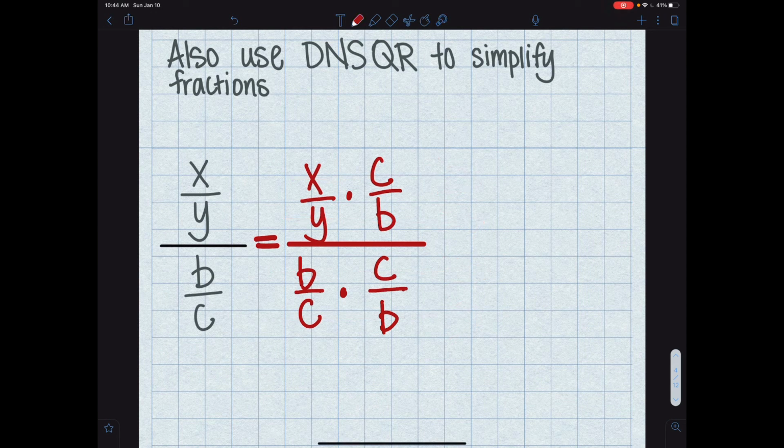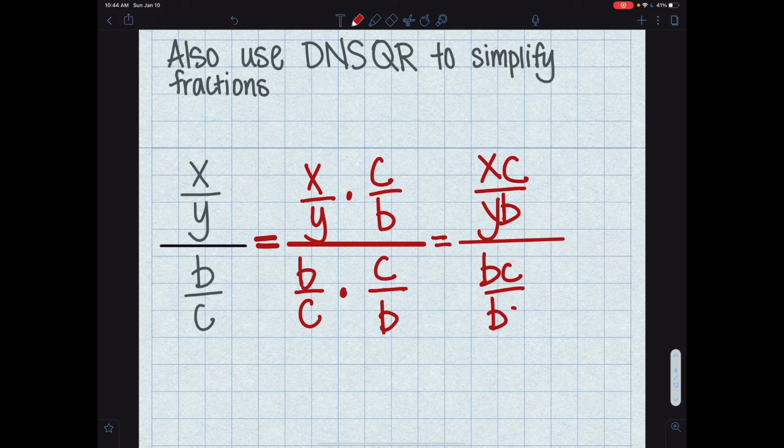So when you do that, you get xc over yb, over the whole thing over bc over bc. Now, obviously, bc over bc just simplifies to 1. So then all we have is this thing on top, and that's the answer.